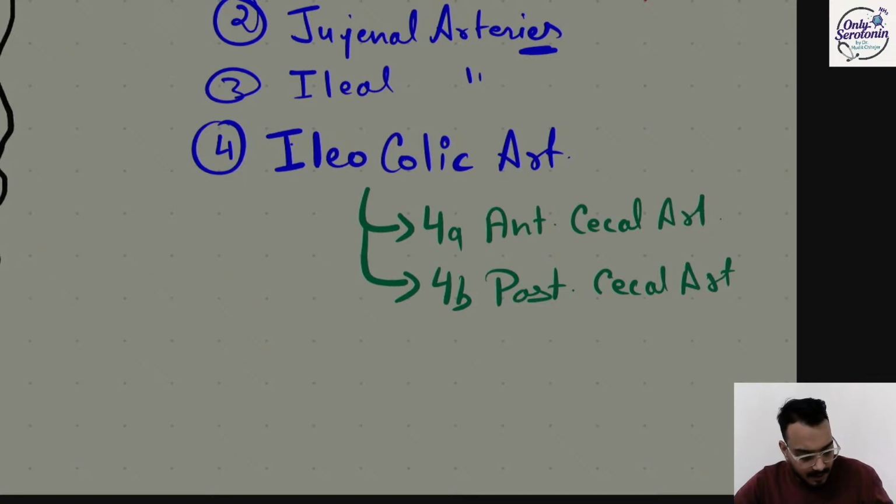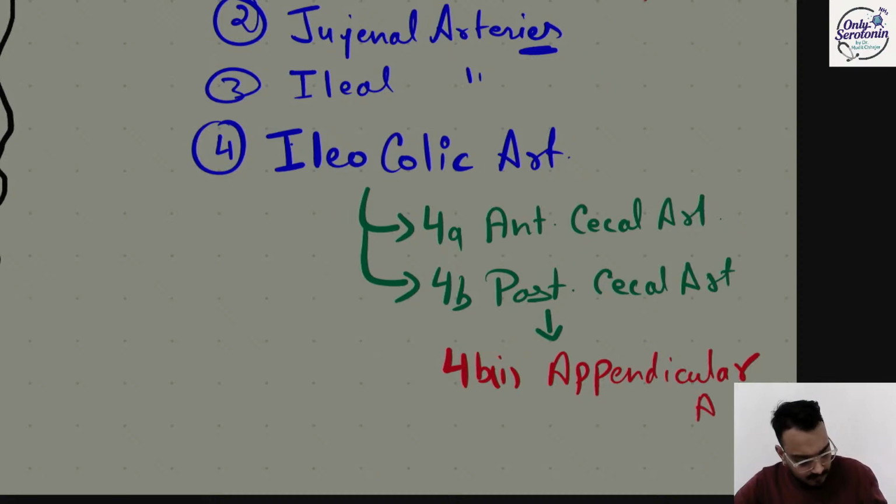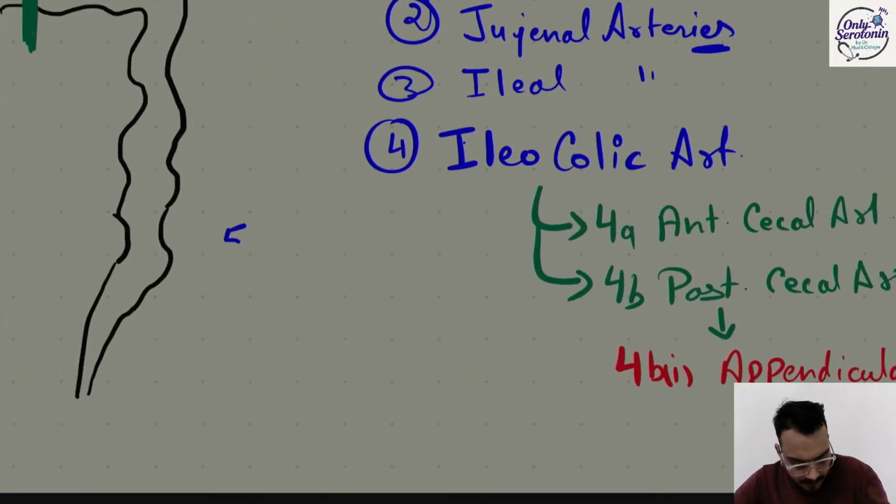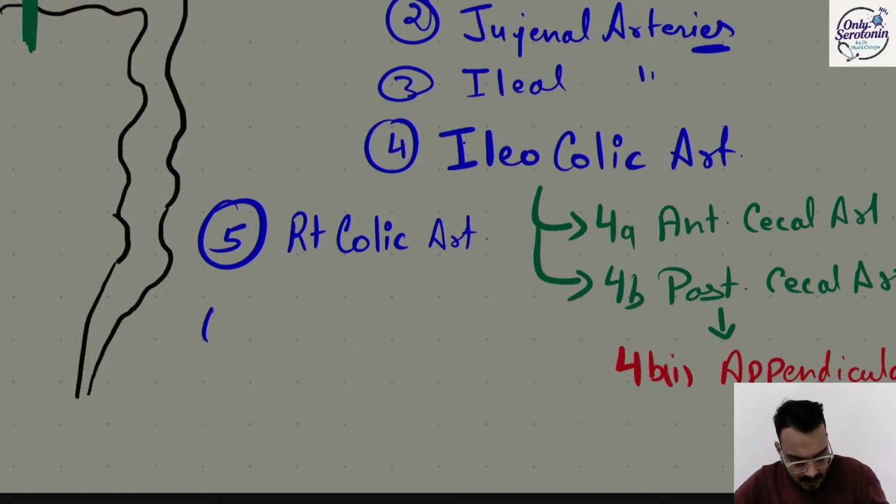This 4B is going to give again one branch, and the name of that branch is 4B1, which supplies the appendix. We call it the appendicular artery. What about the fifth and sixth ones, guys? The fifth one is your right colic artery, and the sixth one is your middle colic artery.